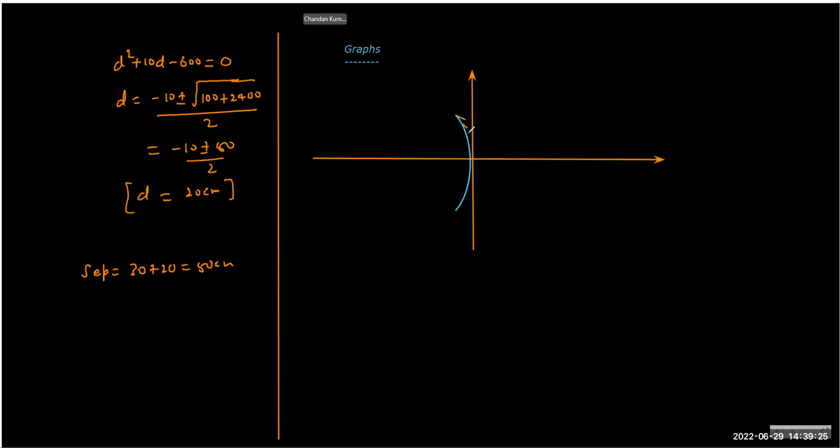Imagine this is a concave mirror. I'm taking the x-axis and this is the y-axis, and x will become the object distance, and y will become the image distance. We would like to draw the diagram for the object and image relation. So we know that 1 by u plus 1 by v equals 1 by f.